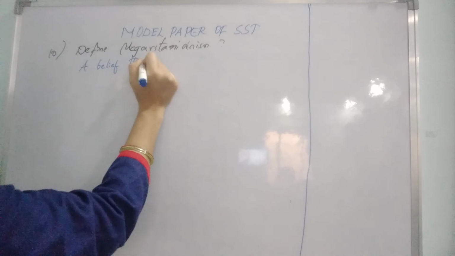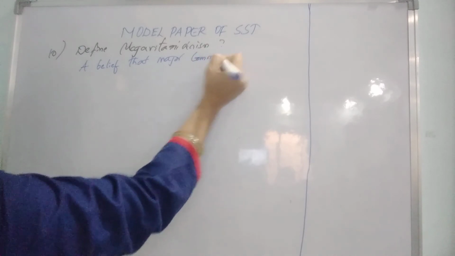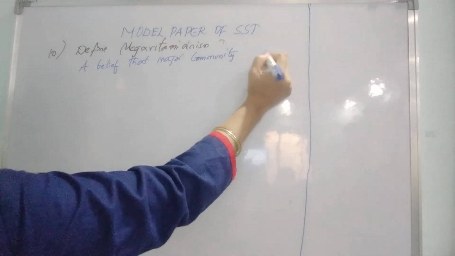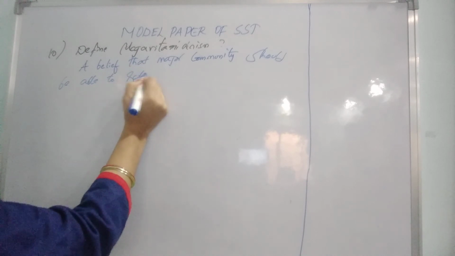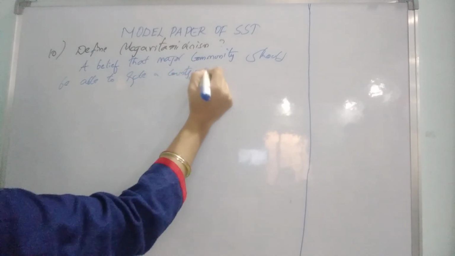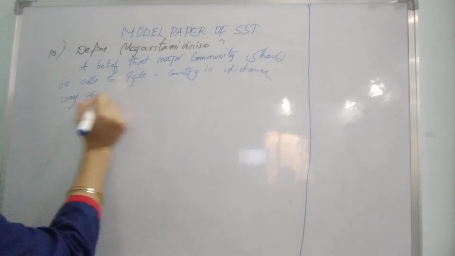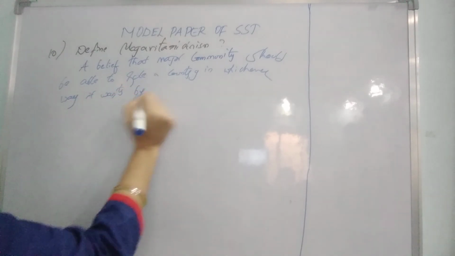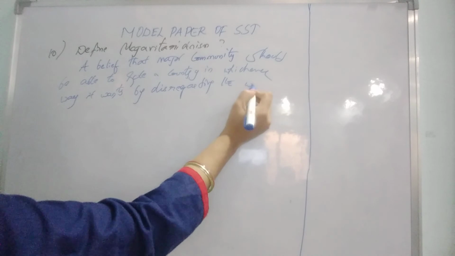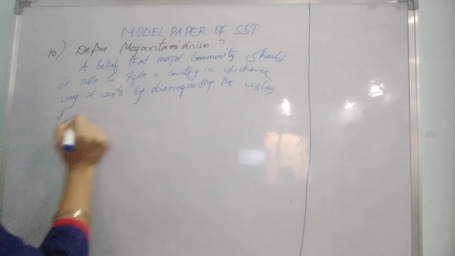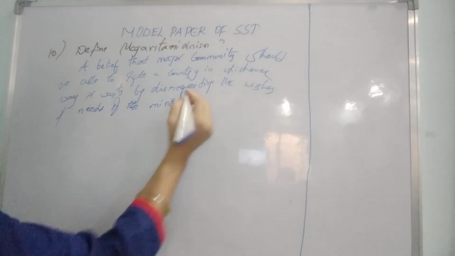A belief that the major community should be able to rule a country in whichever way it wants by disregarding the wishes and needs of the minority is called majoritarianism.